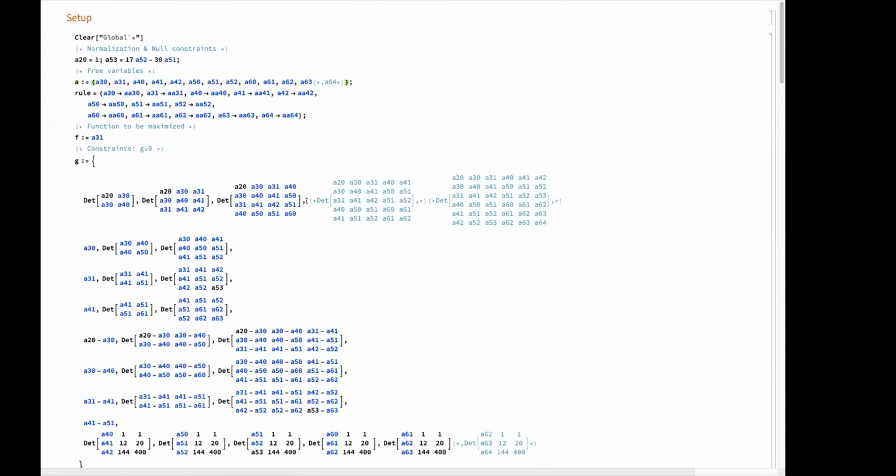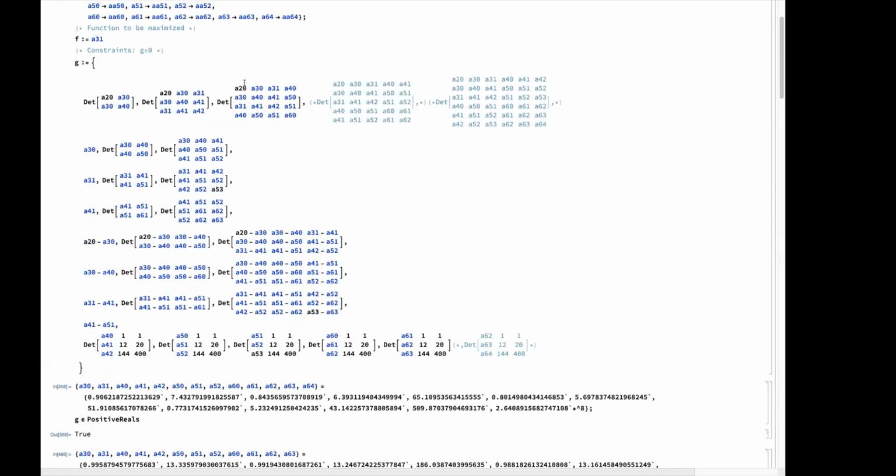So for A5, the space of A20 all the way up to A53, I'm not listing A53 because it's related to A51 by the null constraint. So for this 8-dimensional space, it's actually bounded. A52 and A53 both have upper bounds. So we have a finite space, and in this space my method can work pretty well.